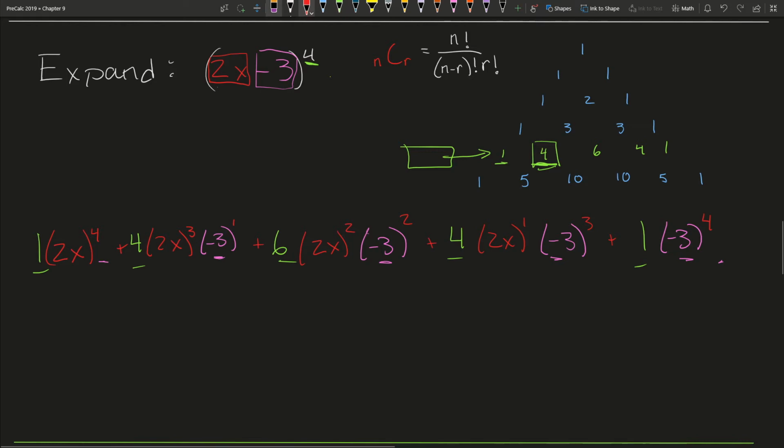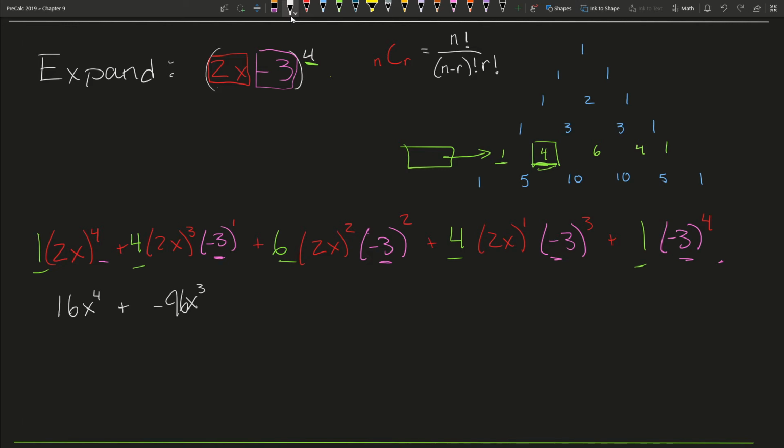So we get 16x to the fourth. 2 to the third, that's 8. 8 times 4 is 32. And then we want to multiply that by -3. So we get -96x cubed.